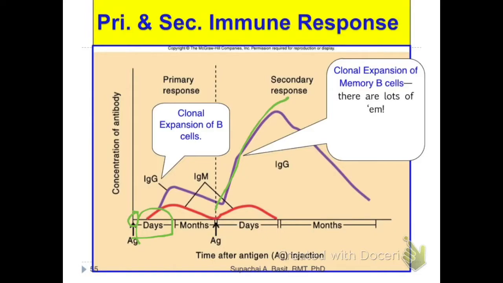But eventually, the level of your immune globulin will go down. Diba? That's why 6 months after, you still have to have another dose so that the level will go up.